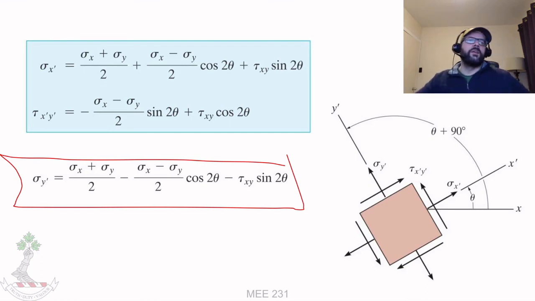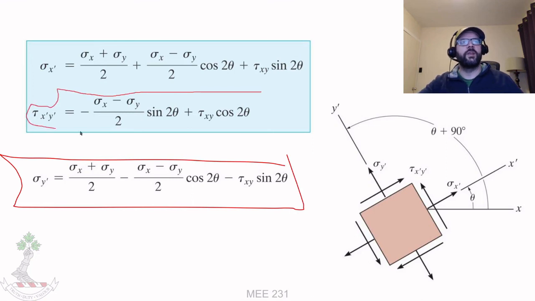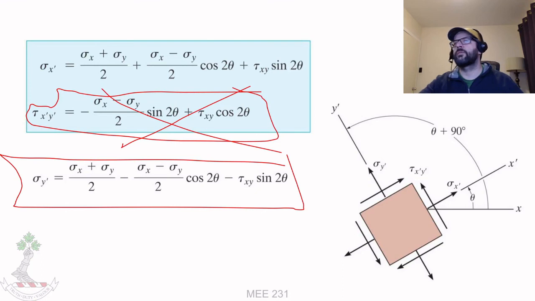So the interesting thing that occurs when you have plane stress states is that you can always get to a point where you have no shear stress. So there is always an angle that you can rotate to where this is 0. That basically allows you to calculate what we call the principal stresses.